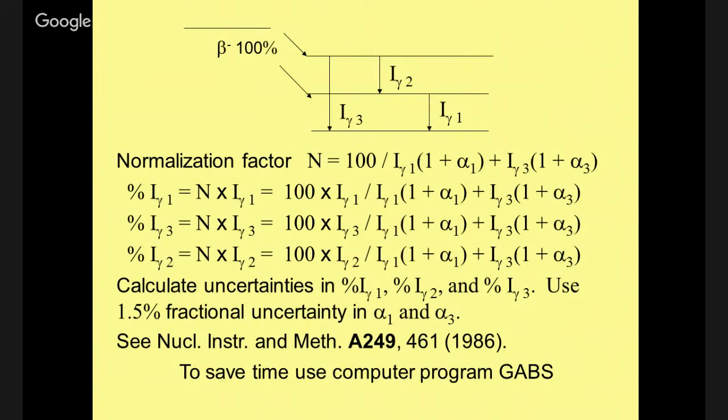You have to tell it that this is a transition that you believe has 0 feeding. Once you know that, for instance, here this ratio cancels. But here you have gamma 3 over gamma 1 and gamma 3 here, so you have to propagate that properly. It's not difficult, but it's tedious.